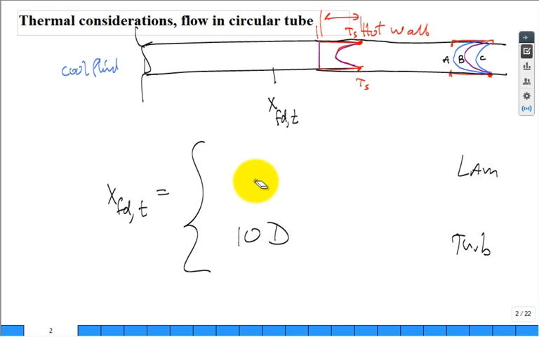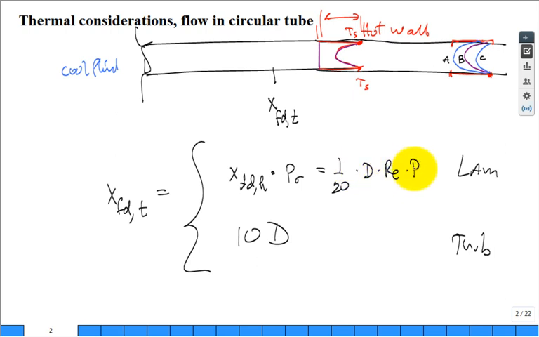Now, for the laminar case, we have the X fully developed hydrodynamic, and we scale it by the Prandtl number. So if you want to write it out, it's 1/20th times diameter times Reynolds number, but now we have a multiplier of the Prandtl number. So this one is, a lot of engineering applications have turbulent flow inside of tubes and pipes. When you have laminar, slow down, think about it, especially if you have an entrance region.